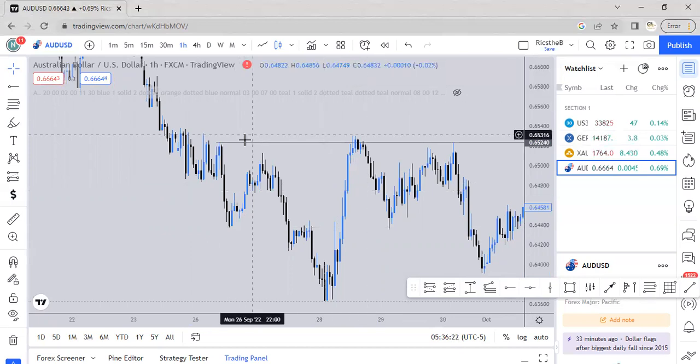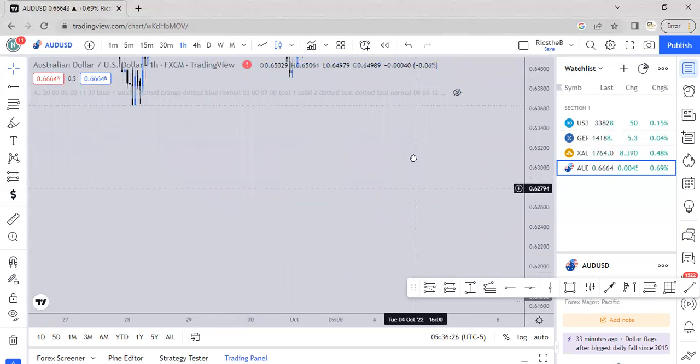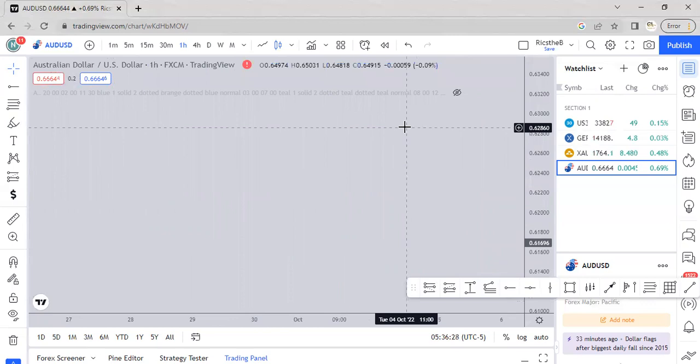So don't get confused. On today's session, I would want us to learn about support and resistance. Let me introduce support and resistance. Then I'm going to show you guys how to properly identify strong areas of support and resistance.